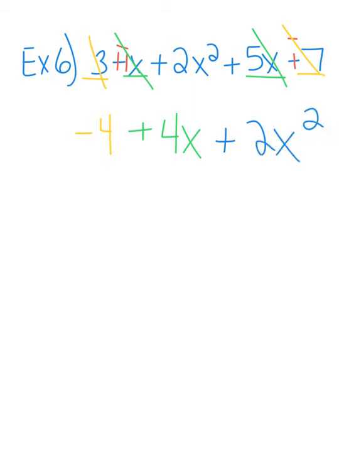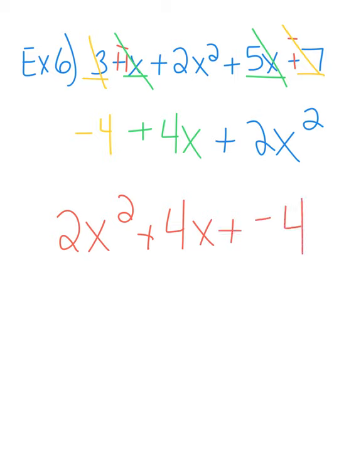And so we just bring our 2x squared down. Again, if you would like to change the order of that and write it as 2x squared plus 4x plus negative 4, that is the same thing. They're both correct answers. We just went ahead and put the biggest exponent first.